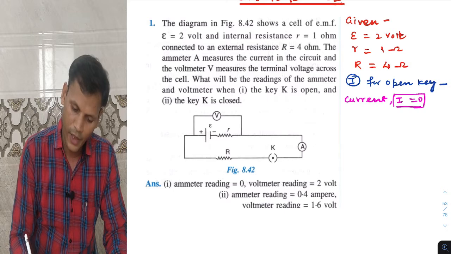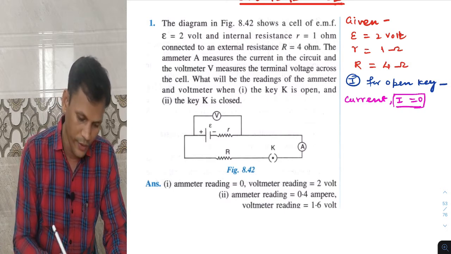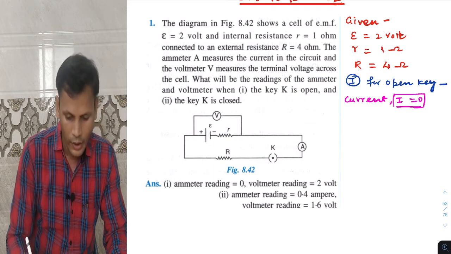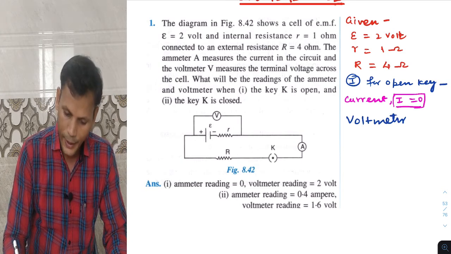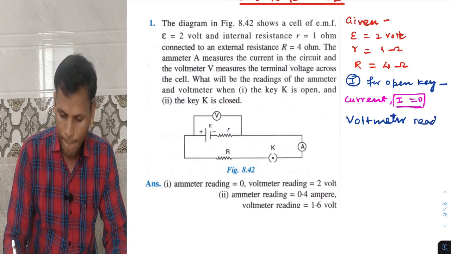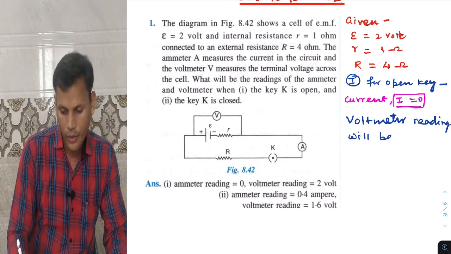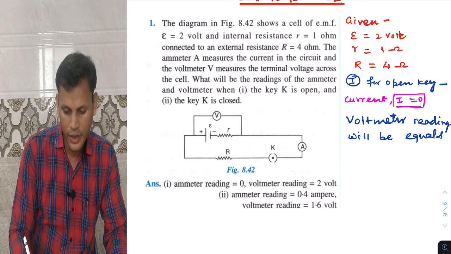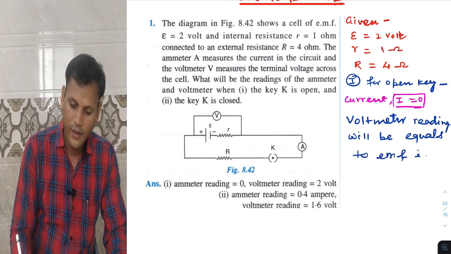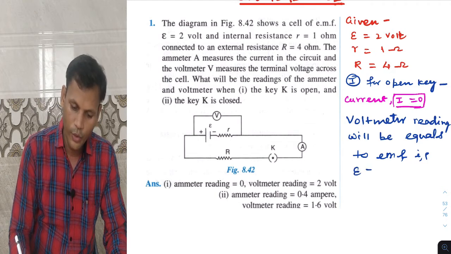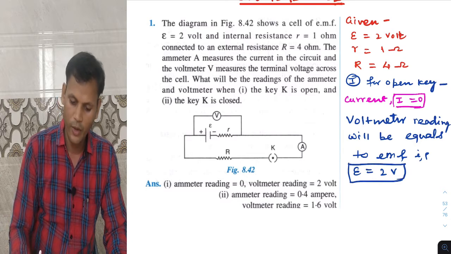So the voltmeter reading will be equal to EMF. And what is EMF? That is E equals, it is already given, 2 volt. So this is one part.